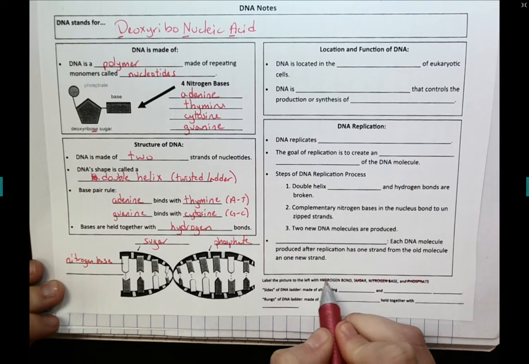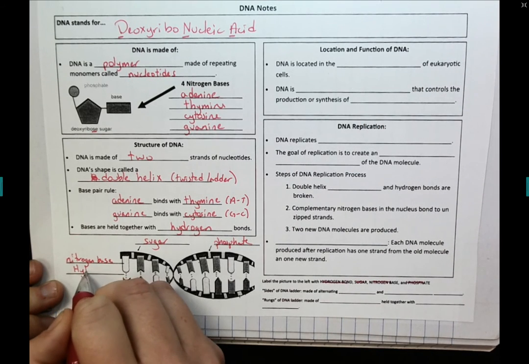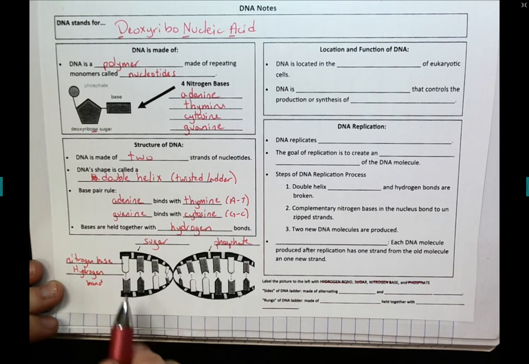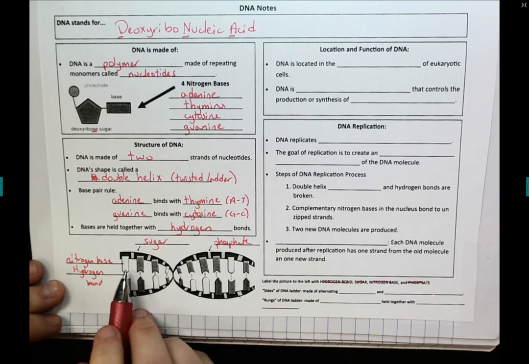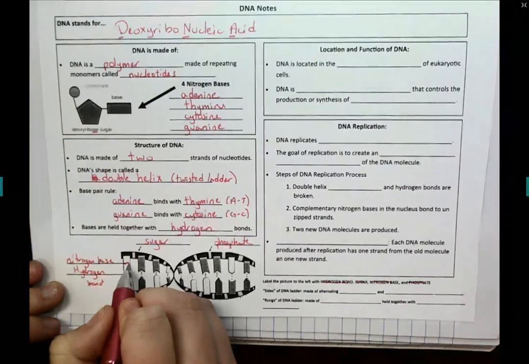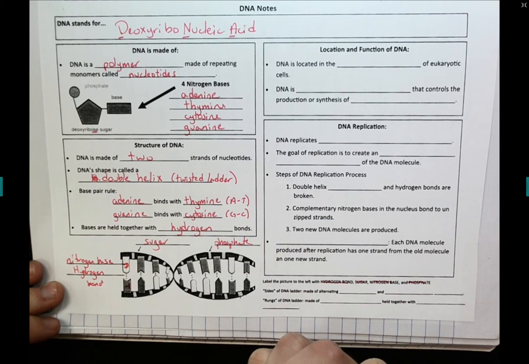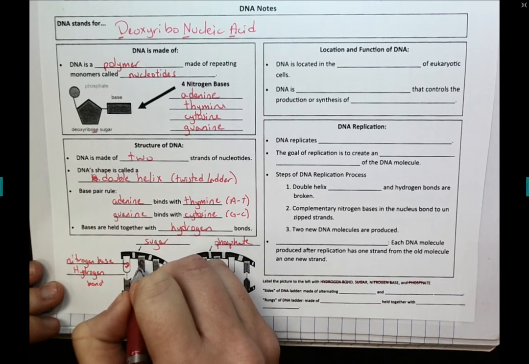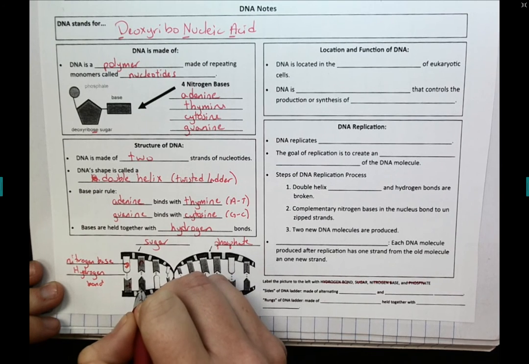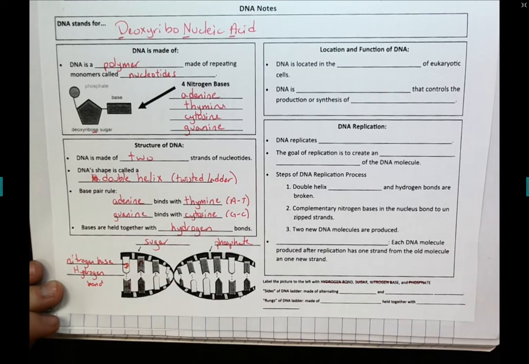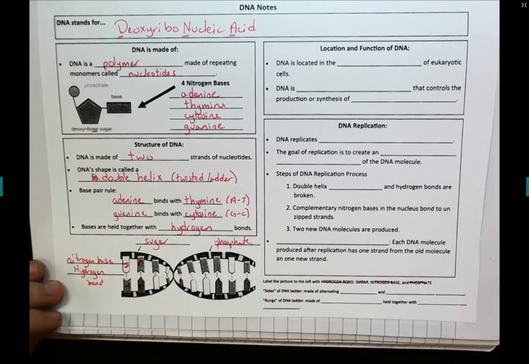And then we have a hydrogen bond holding those 2 bases together. So if this was adenine, then this base would have to be thymine. And if this was cytosine, this one would have to be guanine, so on and so forth.